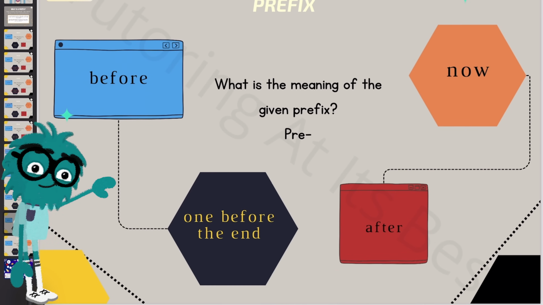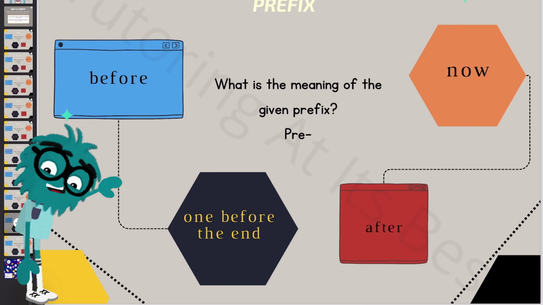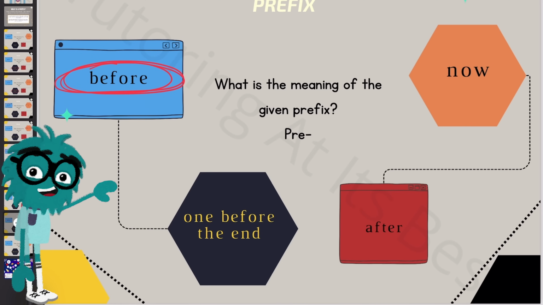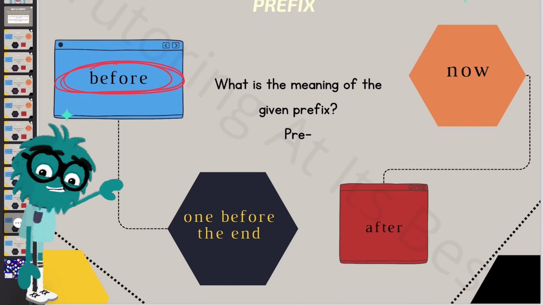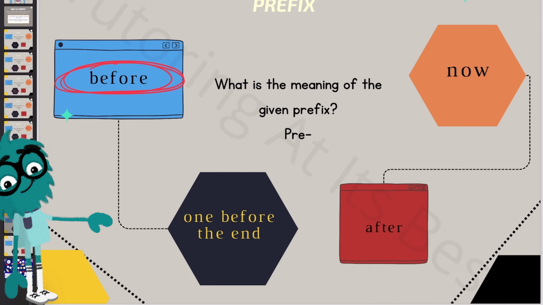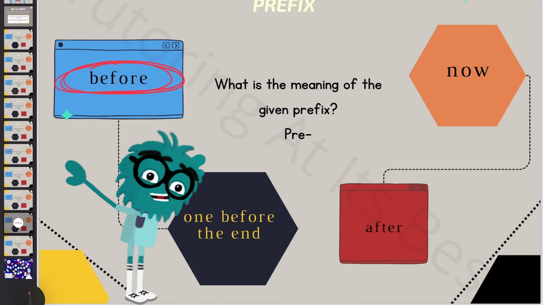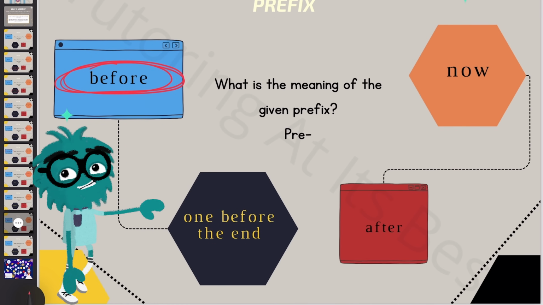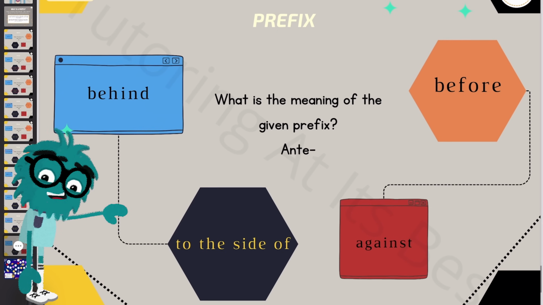Over to the next question. Pre. So if post is after, then pre is before. So we could have a preview of something. So again, don't forget to search these up after the video, as we're now approaching our last question.